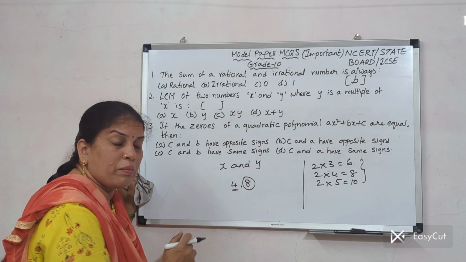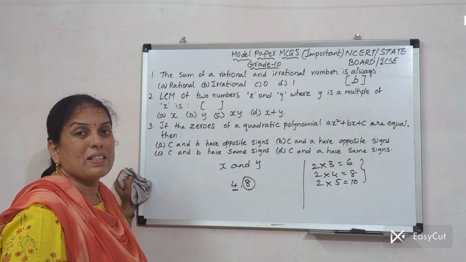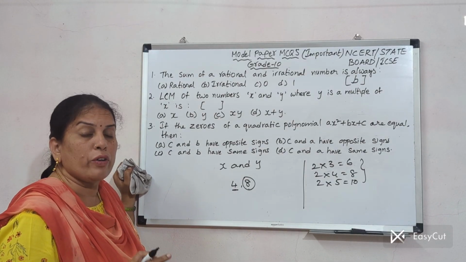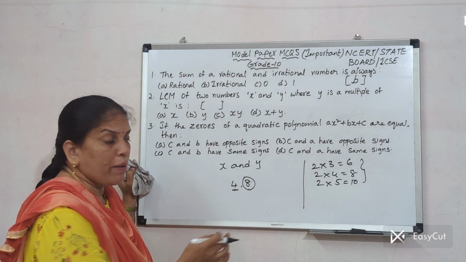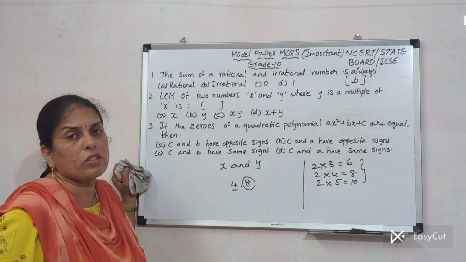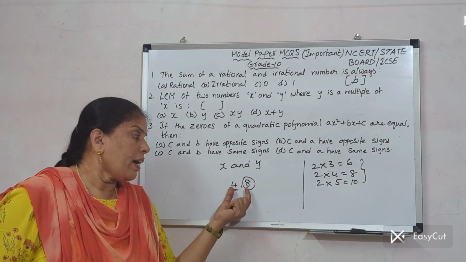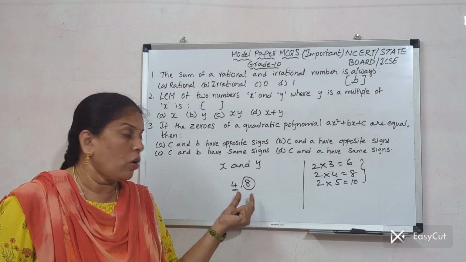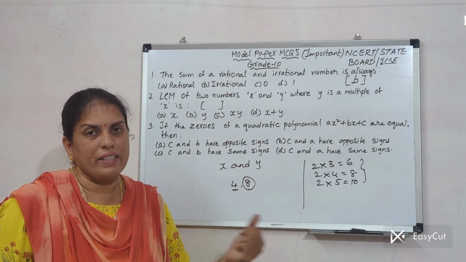Then what is the LCM? The LCM of these two numbers is the multiple only. Remember, this is a very important point. You can do LCMs within a minute if you know these tricks. Here in the example 4 and 8, 8 is a multiple of 4, so 8 is the LCM.